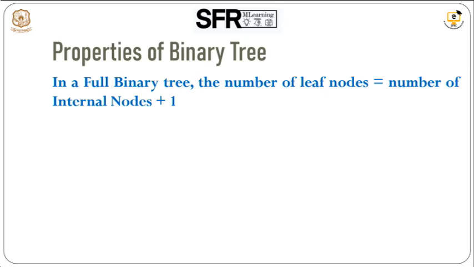Okay. The next property is in a full binary tree. You all know what a full binary tree is? That is a tree with nodes having either 0 or 2 children. No single child is allowed, right. So, in a full binary tree the number of leaf nodes must be equal to the number of internal nodes plus 1.